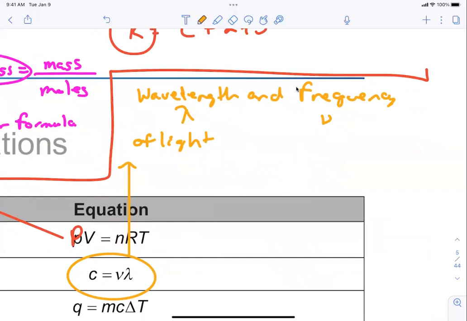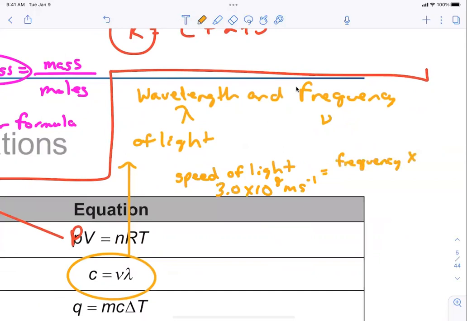So what this says is the speed of light, which is c, which is 3.0 times 10 to the 8th meters per second, is equal to frequency times wavelength.